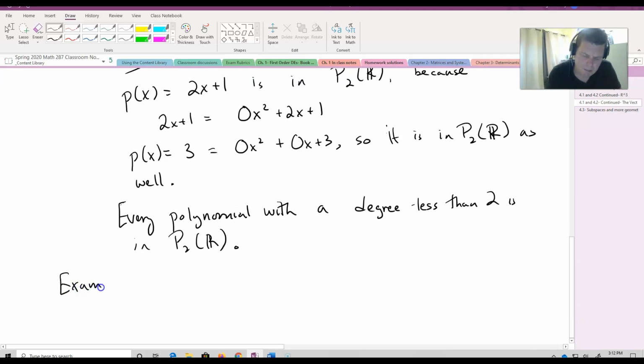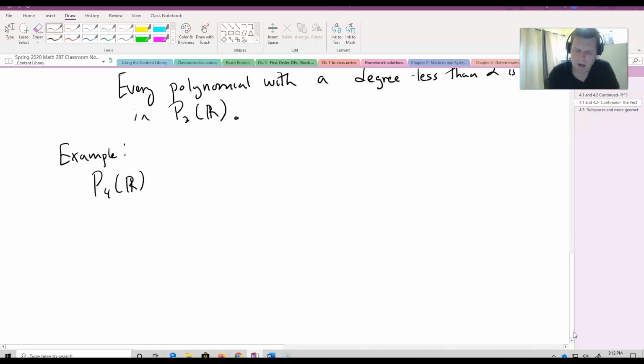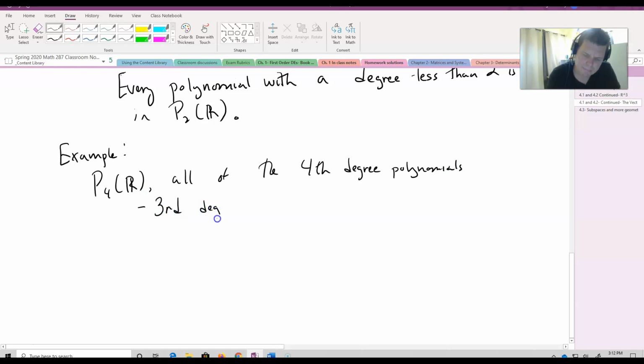Let's use P4(R). Okay? So in P4(R), these are all of the fourth degree polynomials. But in addition to that, it's the third degree ones, the second degree ones, and the first degree ones. So it's all of them.